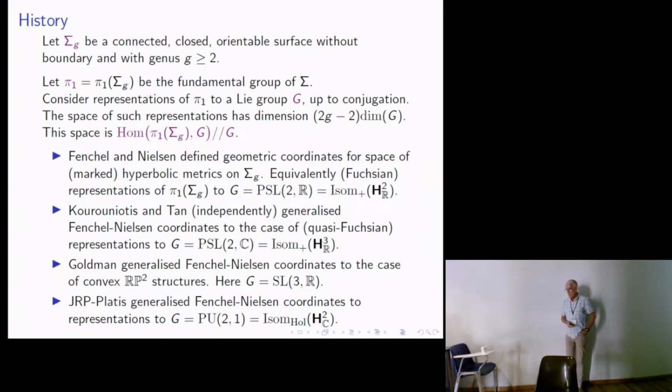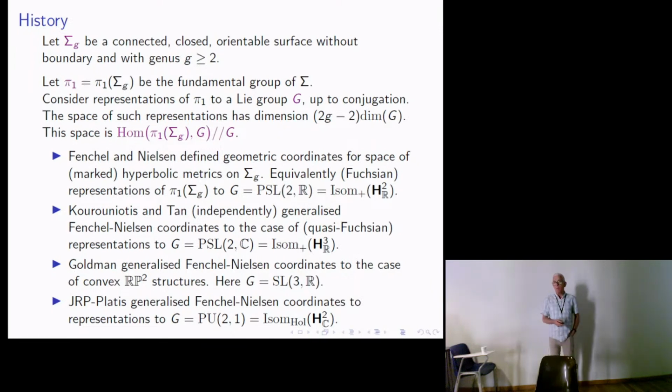Back in the 40s, Fenchel and Nielsen were thinking about hyperbolic metrics on my fixed surface of genus g, and the space of all metrics with a marking, which of course is Teichmüller space. They gave global geometrical coordinates, which we're going to construct in a moment.